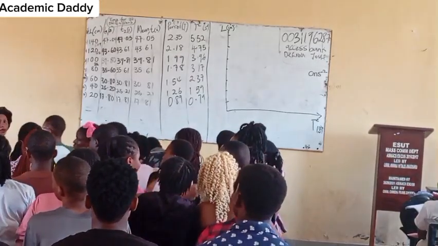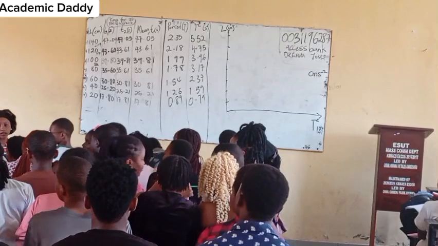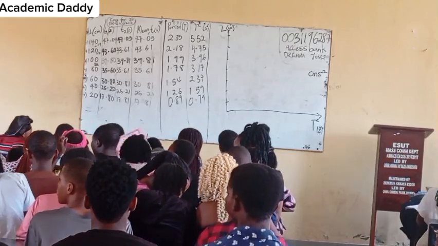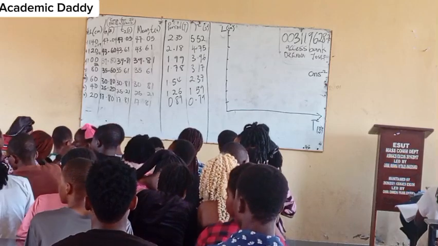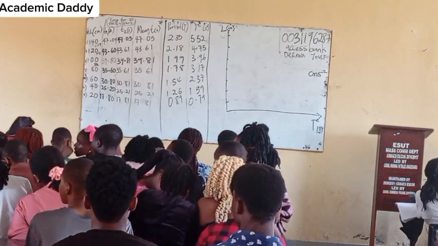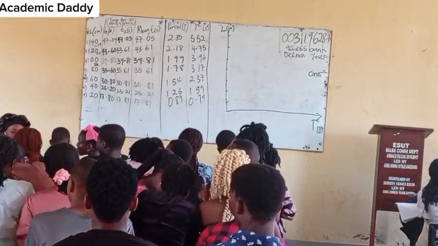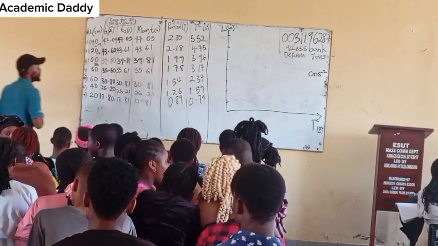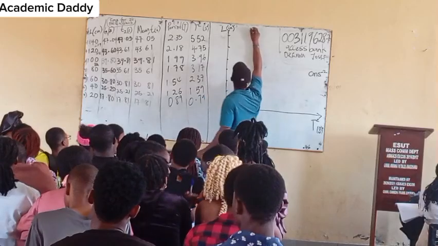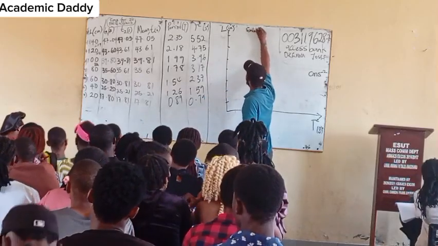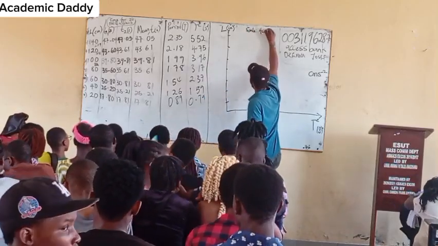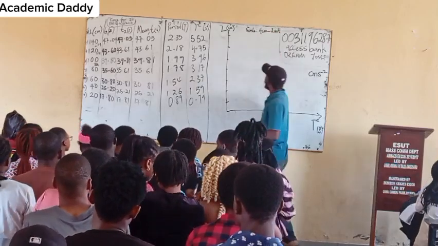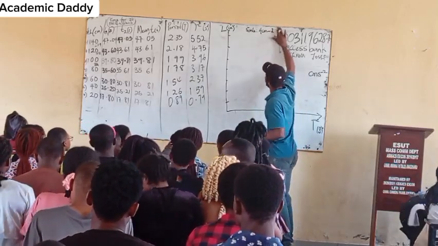You cannot say 4 centimeters to 20 centimeters. Okay, 4 centimeters to 20 units. Let's put it that way. Sometimes when you explain, you add more confusion. So, scale: 4 centimeters to 20 units.